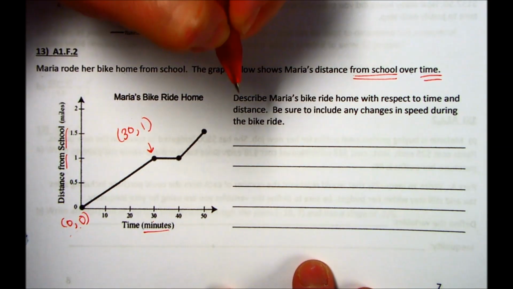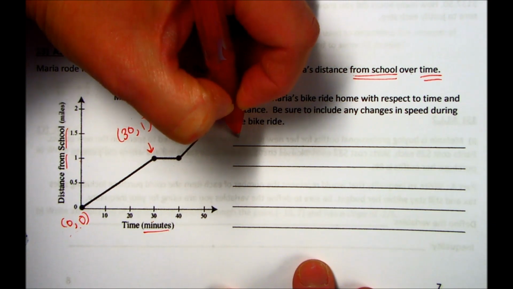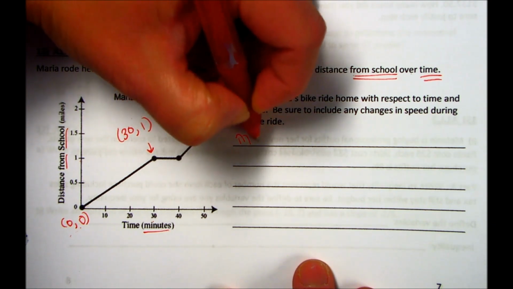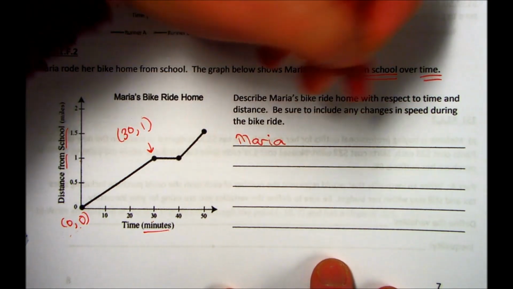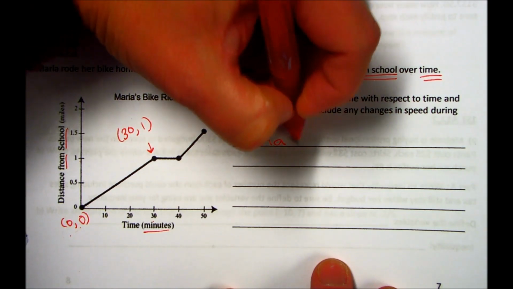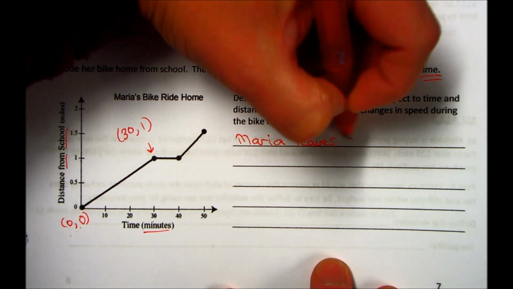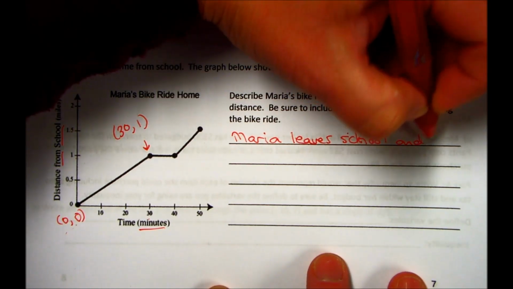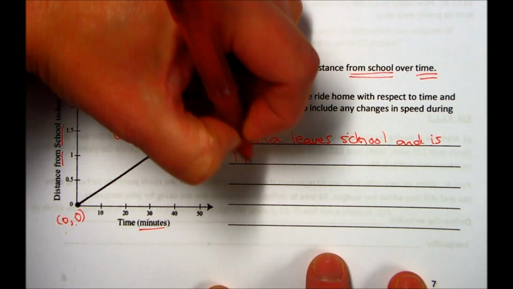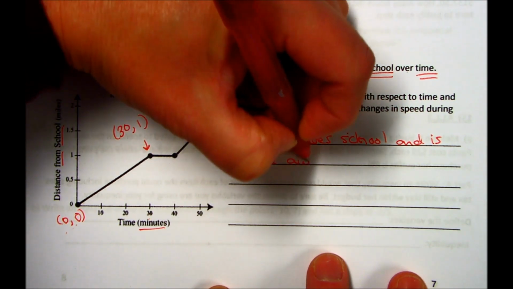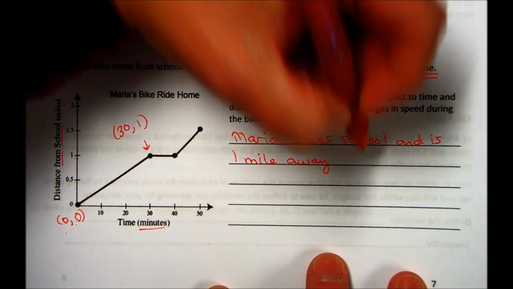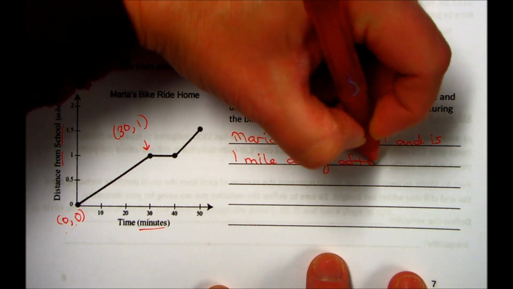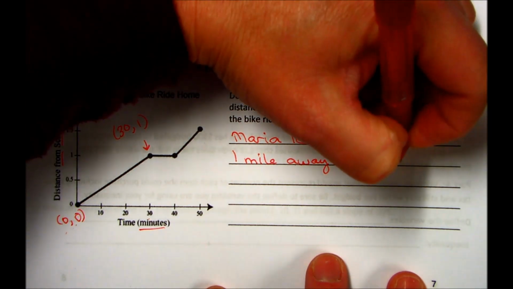So Maria leaves school and is 1 mile away after 30 minutes.